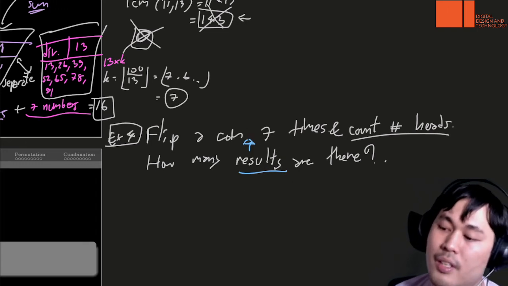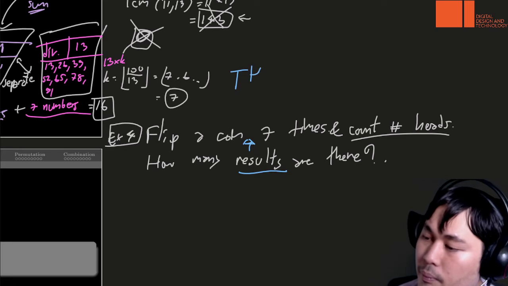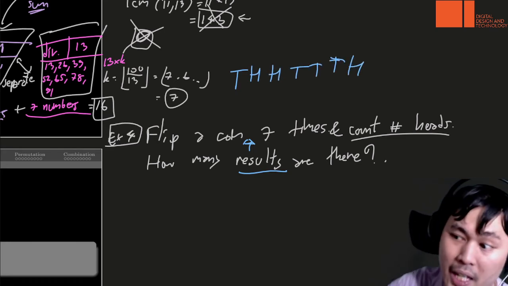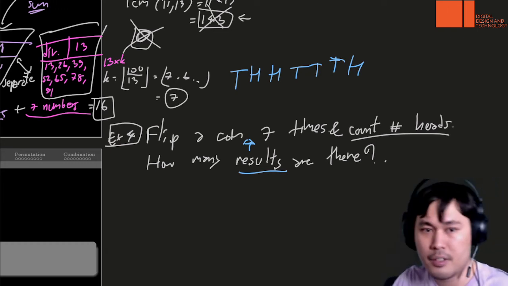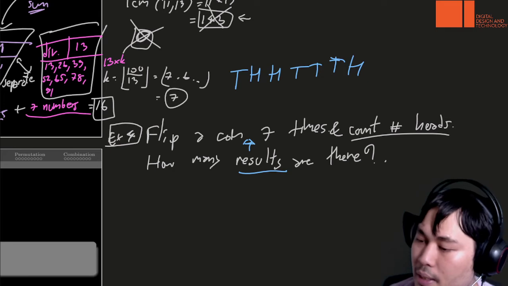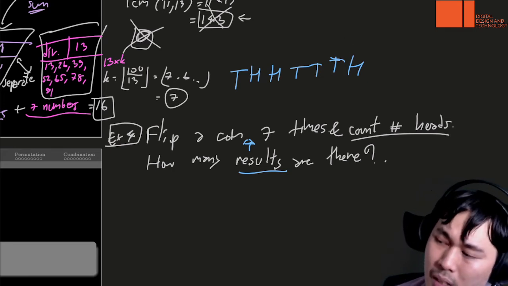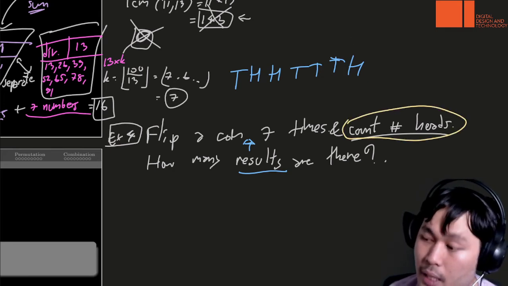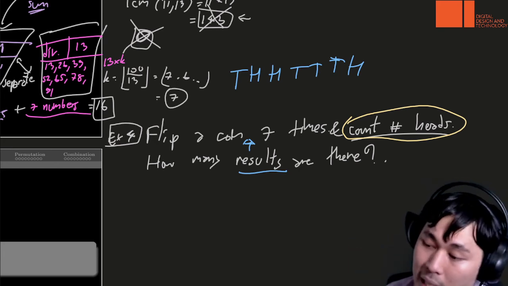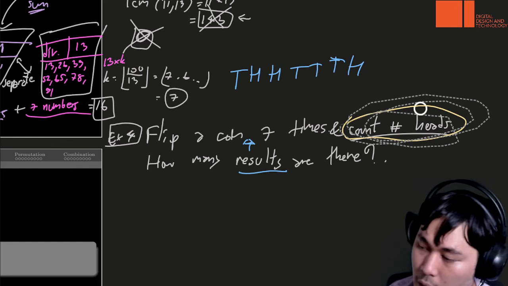In this case the result doesn't care about the sequence of flips. You can count how many sequences of flips there are, and that's one kind of question. But not in this problem, because it asks you to count how many heads. And the question is how many results, like how many results of counts are there?